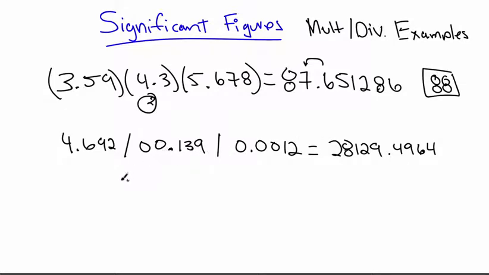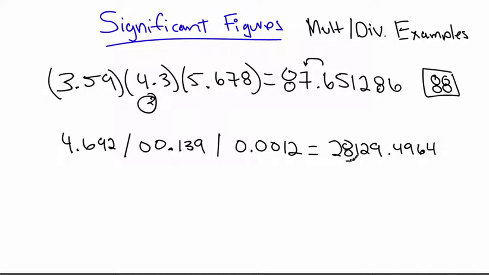Now, once again, here we go. I got some division, so I'm dividing this by this by this, and so what do I round to? Here's my number right here. Well, this has 4, this has 3, and this has 2. So if we're doing our sig fig rules, I'm counting, and I find out this has 2, which means that this number has to be rounded to 2 sig figs.